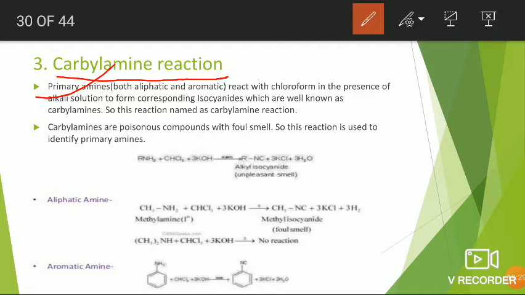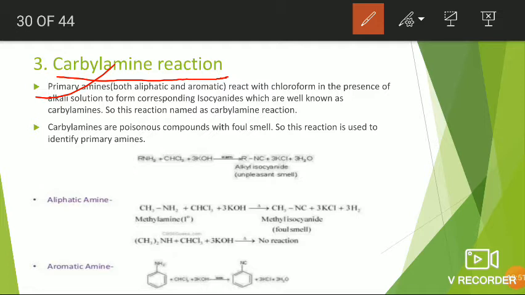on treatment with chloroform in the presence of alkali solution is generally known as the carbylamine reaction, because the products in this reaction are isocyanides, which are also known as carbylamines. So the reaction is named the carbylamine reaction.